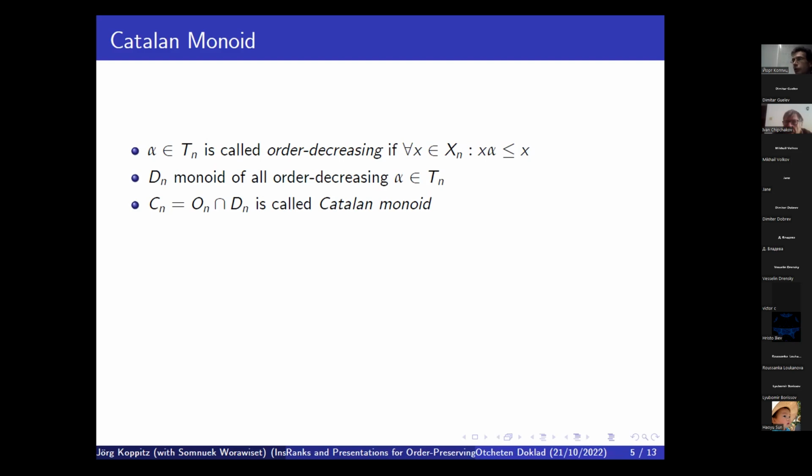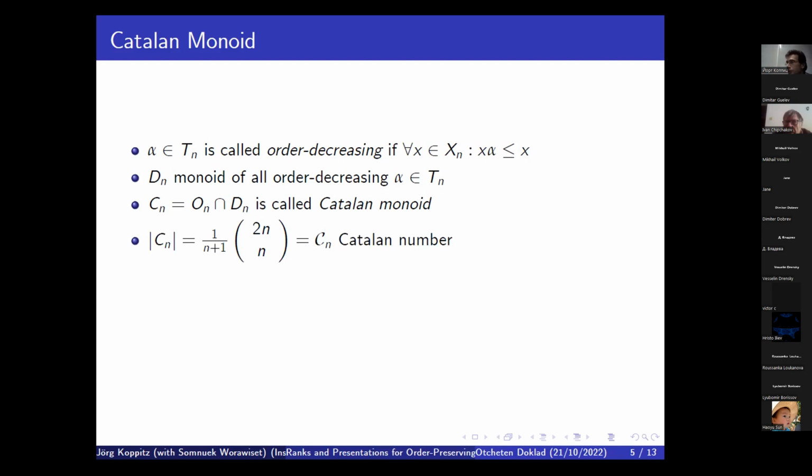He was a PhD student in this working group, and he has many papers about this semigroup D_n of all order decreasing transformations. He also considered this intersection with the order preserving transformations, and this is called the Catalan monoid. This monoid has the name Catalan monoid because its cardinality is the Catalan number.